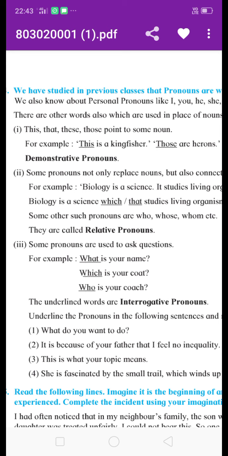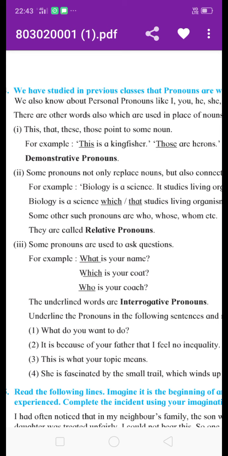These words ask the question, WH words. Asking the question, that time these are interrogative pronouns. I will send you a PDF of these pronouns, which is not mentioned here in your textbook.